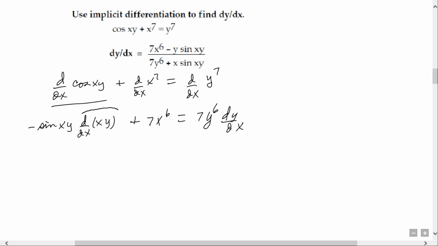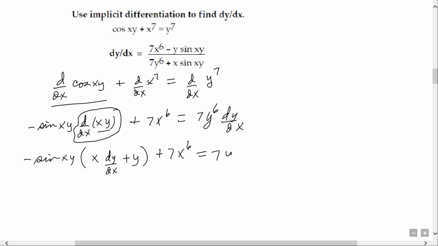Now we have to use the product rule to do this portion. So let's take minus sine of xy times d dx of xy, using the product rule, is x times dy dx plus y times d dx of x, which is just y times 1, plus 7x to the 6 equals 7y to the 6 dy dx.